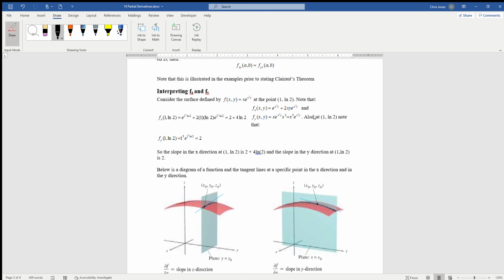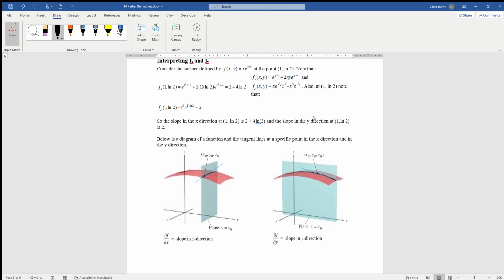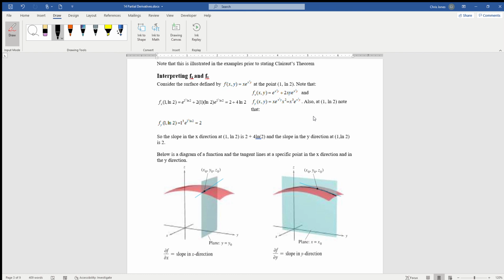One last thing before we go through and start taking a look at partial differential equations and verifying them is just to understand what fx and fy represent. fx and fy represent the slope in the x direction and the slope in the y direction. As you can see here, I have an example where we find the partial, and then we substitute a value in at that point.